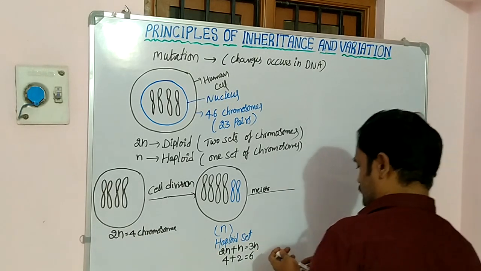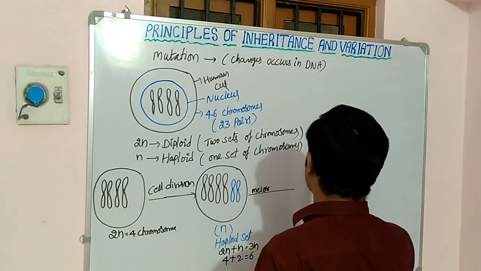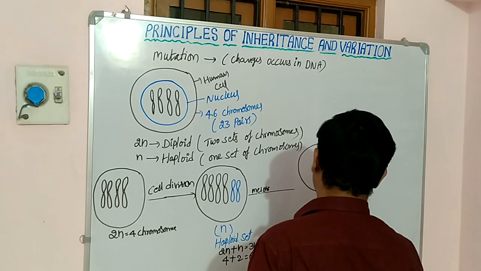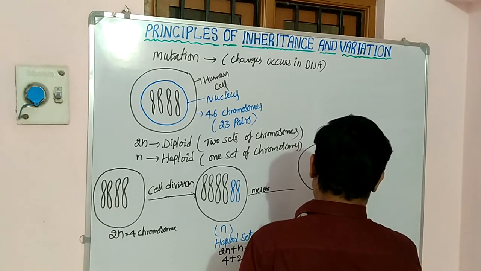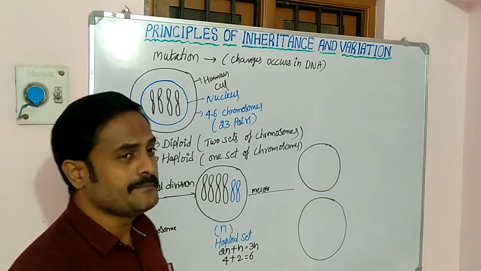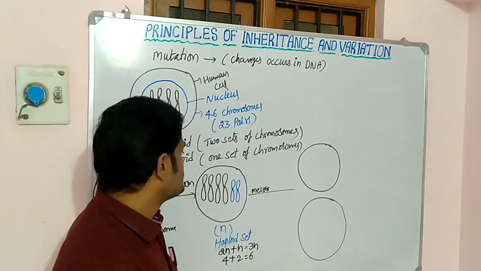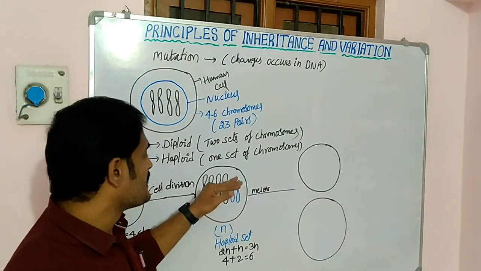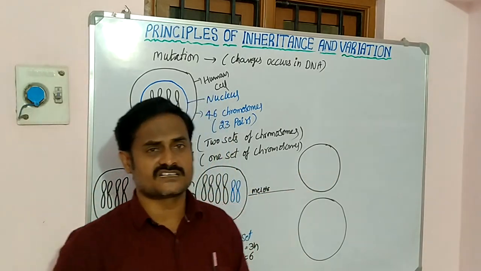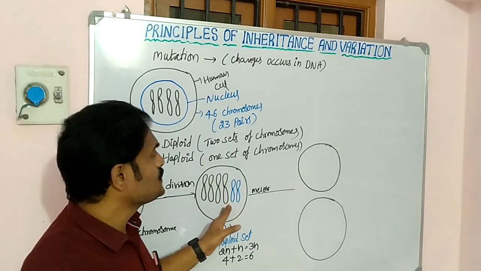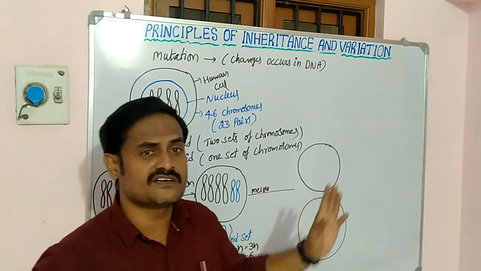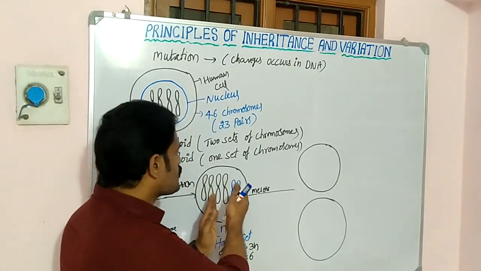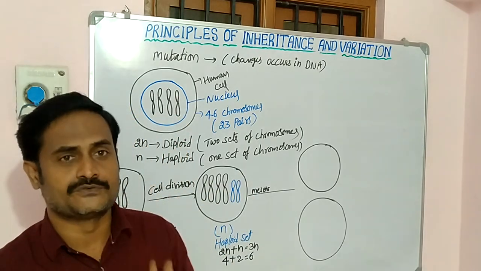Commonly, meiosis means the parental chromosomes are reduced in the daughter cells, but due to the effect of mutagens, either physical or chemical, the chromosome number is not reduced.